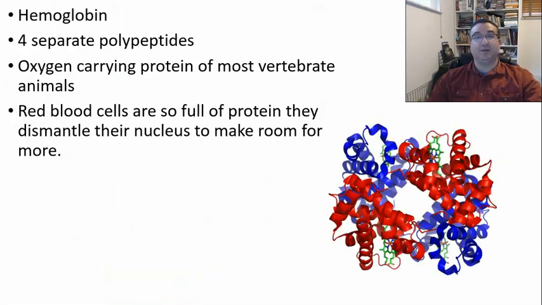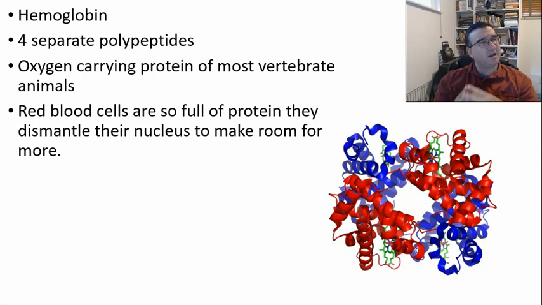So, let's talk about hemoglobin a little more. There are 4 separate polypeptides at the quaternary level. In this computer-generated image, we can see some of those parts of the secondary level, the helices that form. Of course, it has the job of carrying oxygen in most vertebrate animals.